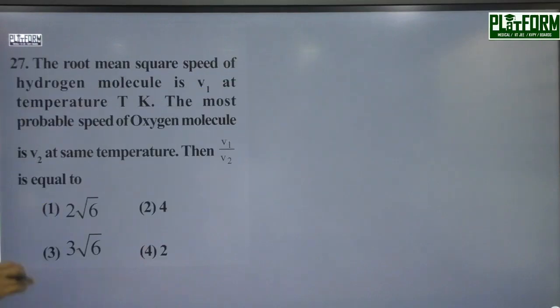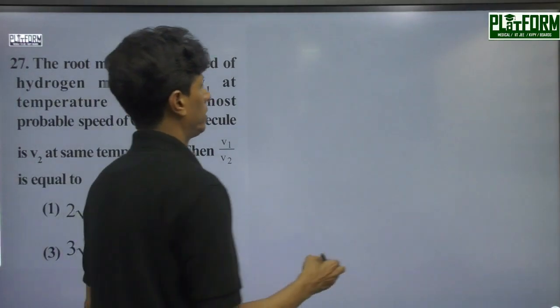Next problem. The root mean square speed of a hydrogen molecule is V1.